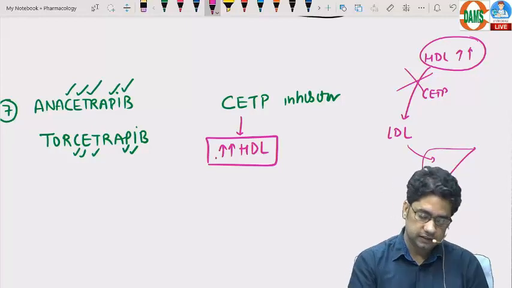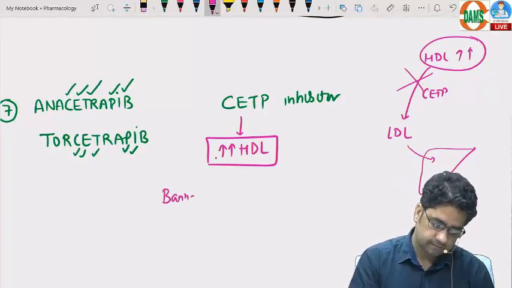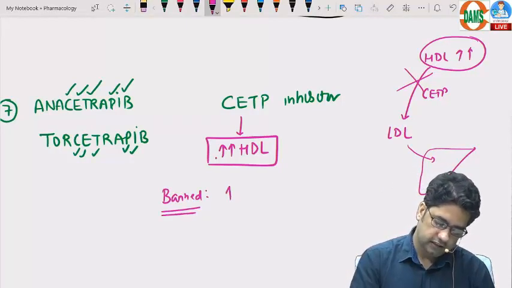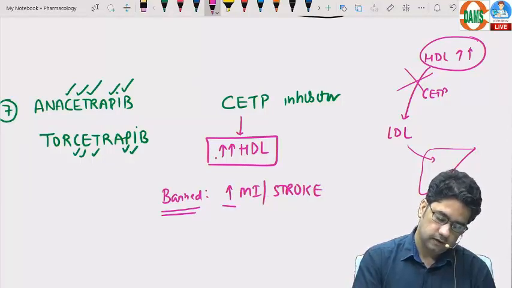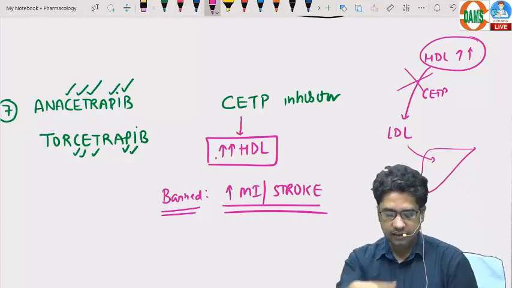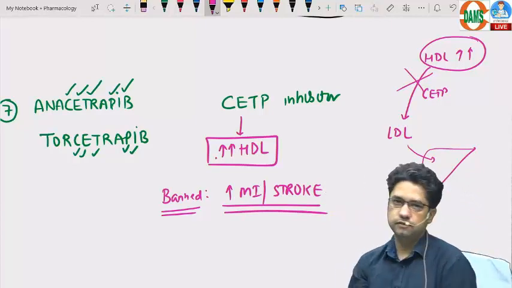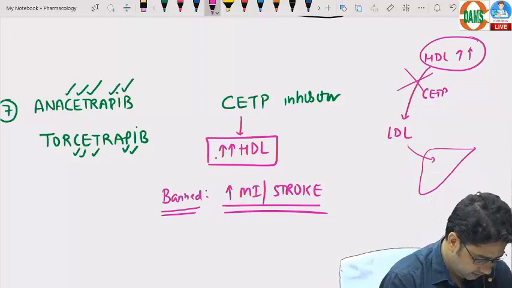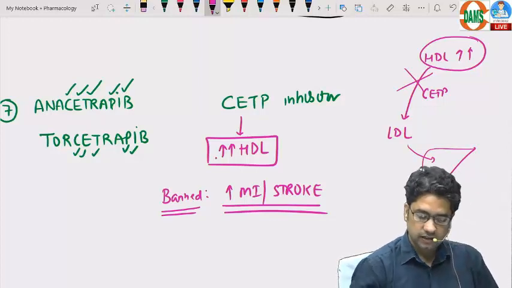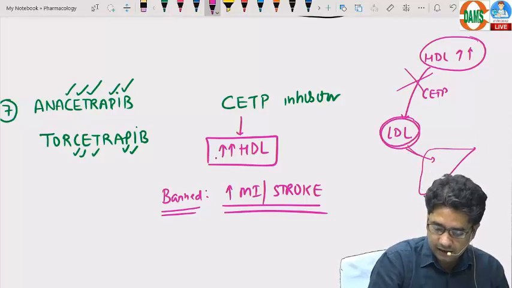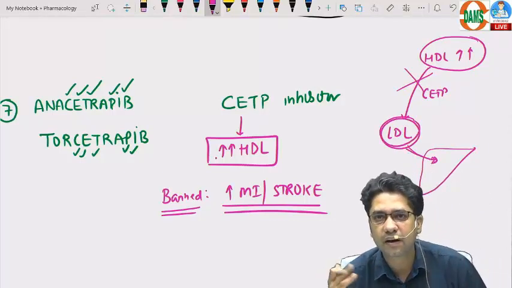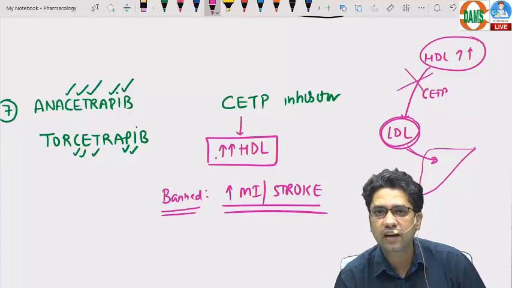Anacetrapib. But these drugs got banned. Why? Because these drugs increase the risk of MI and stroke. Anyone, can you tell me why they were increasing the risk of MI and stroke? Sir, HDL has increased, but will LDL be reuptaken by the liver? No. LDL will not be reuptaken by the liver.